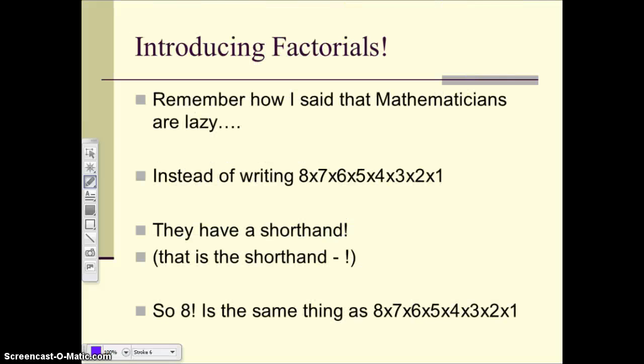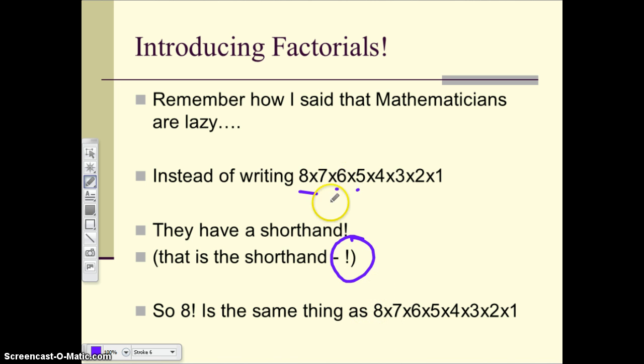Okay? Now, mathematicians didn't stop there when I told you they wanted to do things simple and easy. Instead of writing out 8 times 7 times 6 times 5 times 4 times 3 each time, they developed a shorthand. And that is an exclamation mark.